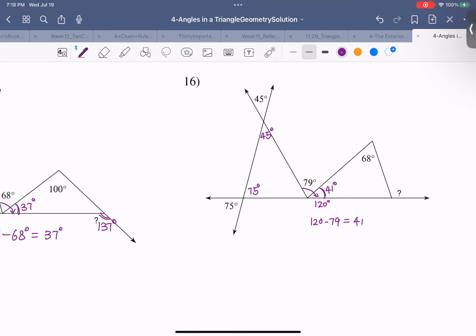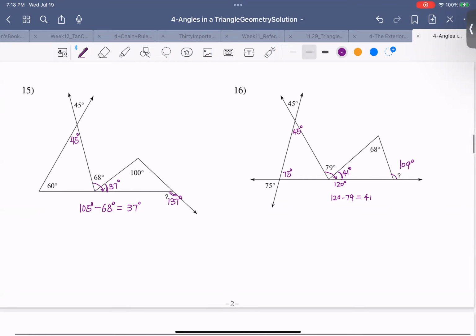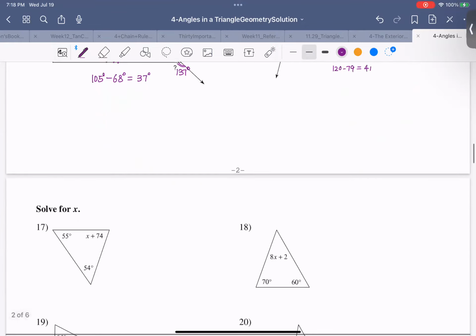And then the exterior angle is 109. Very good. Fast and accurate. This is a perfect job. Thank you, Jeffrey.